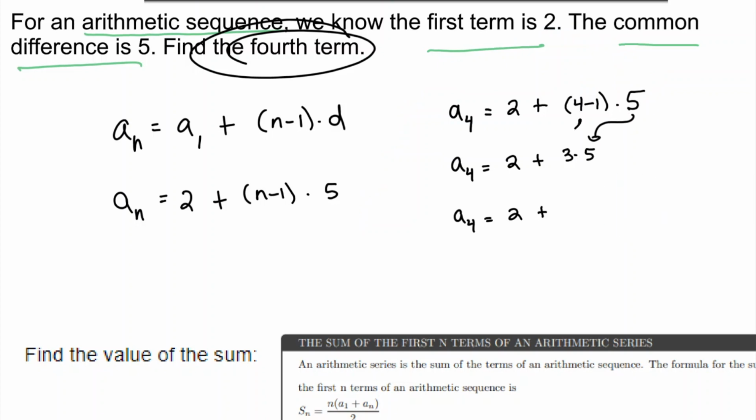Now this one's still a 3 because 4 minus 1 is 3. That was right. 3 times 5 is 15, and that should get us to 17. So I do apologize for that error. It was not intentional, but it's a good reminder to always check as we copy down that our writing is not getting ahead of our thinking.